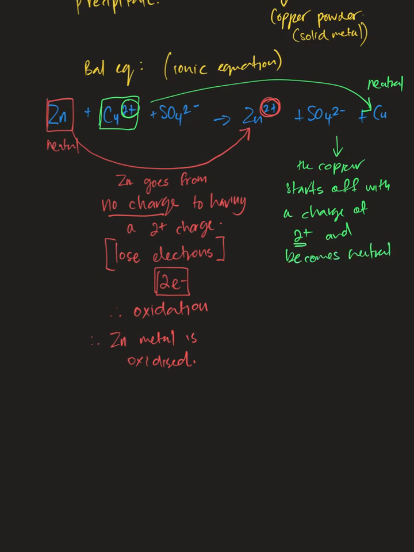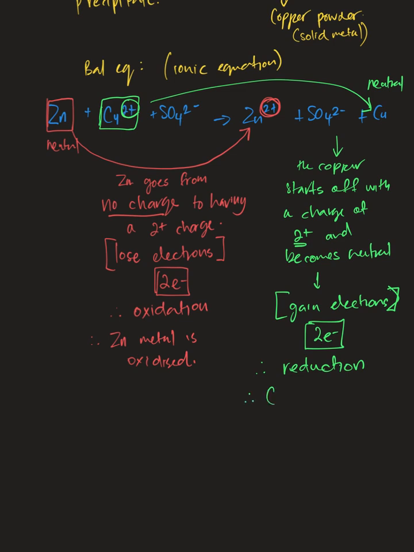Now to get rid of 2 positive charges, I need to gain electrons. How many am I gaining? 2 electrons. So can you see it's starting to look the same on both sides? Now if I'm gaining electrons, I know that a reduction is taking place here. So the zinc here lost its electrons, and the copper took the electrons.